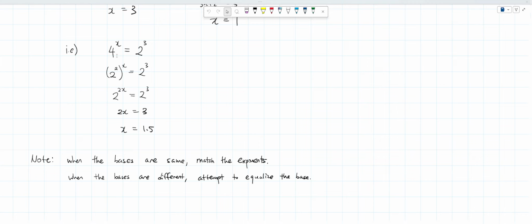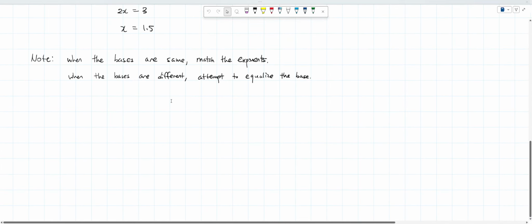Our conclusion was that when the bases are the same, we simply match the exponents and solve the equation by setting the exponents equal. When the bases are different, we attempt to equalize the bases as well. So let's focus a bit more on how we can equalize the base. Let's try some example questions here.